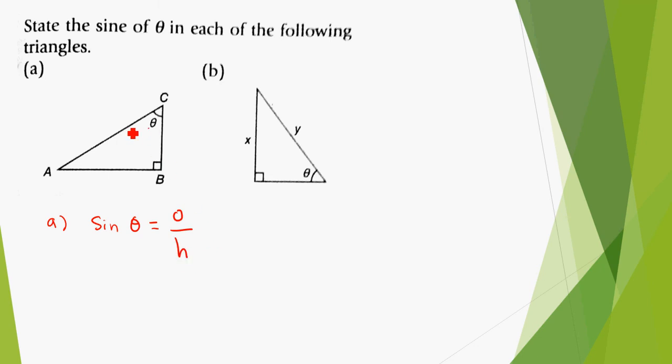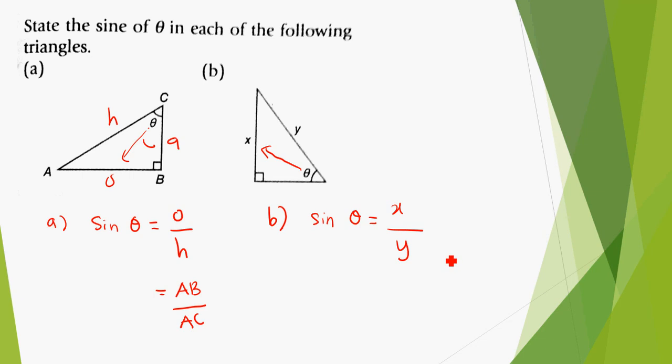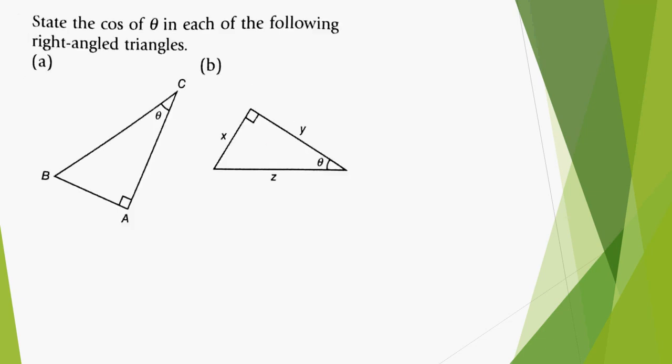The opposite is AB, while the hypotenuse is AC. Opposite over hypotenuse. For question B, sine theta equals opposite x over hypotenuse y. Easy, right?